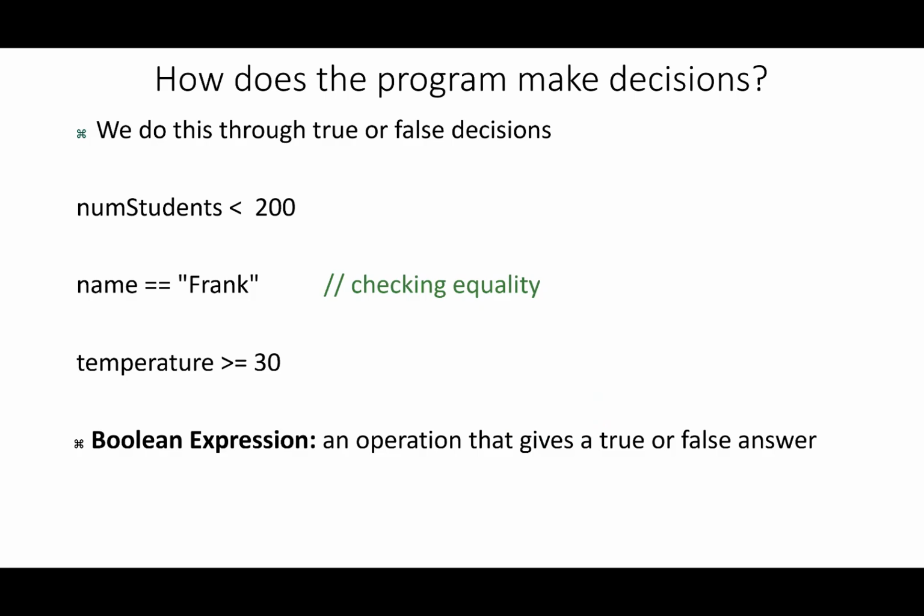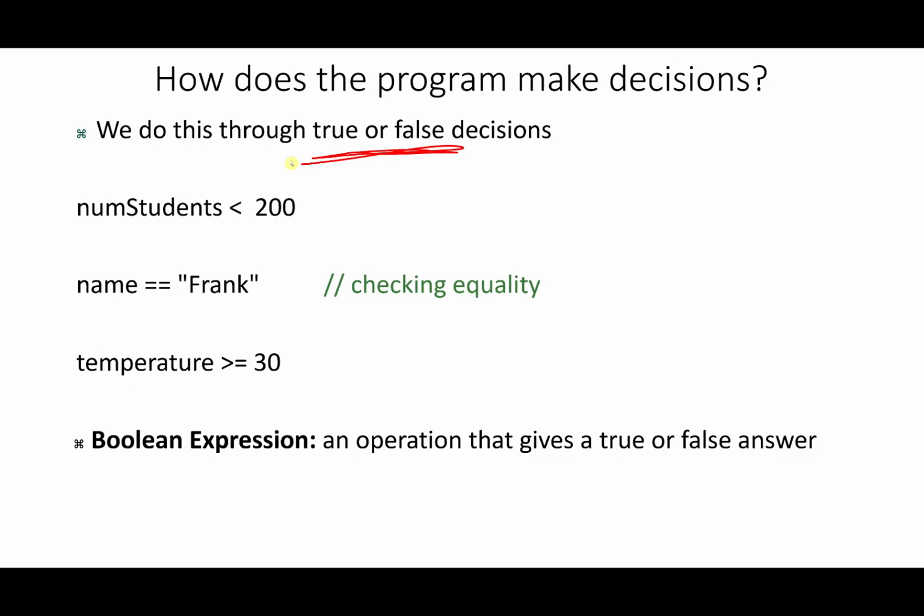So, if you are going to ask yourself a question, how does the program make decisions? The program is making decisions based on the Boolean operators or Boolean expressions. So, we do this through true or false decisions.